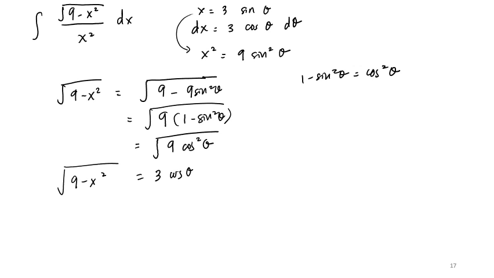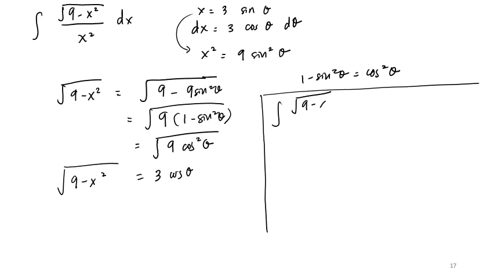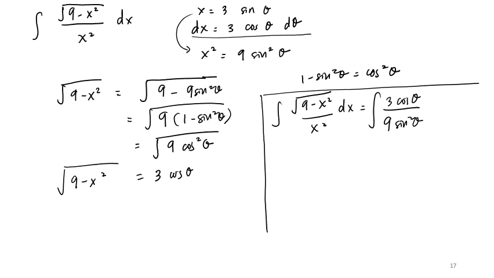And then we can put that in now. So let's continue. The integral of square root of 9 minus x squared over x squared dx equals the integral of 3 cos theta over 9 sine squared theta, and then the dx, okay, dx is 3 cos theta d theta.